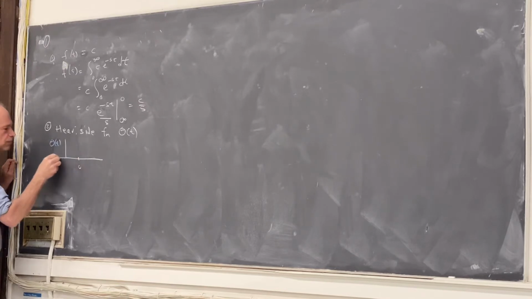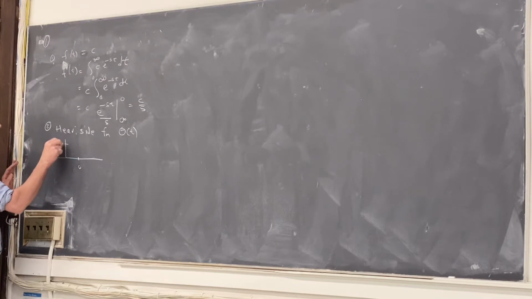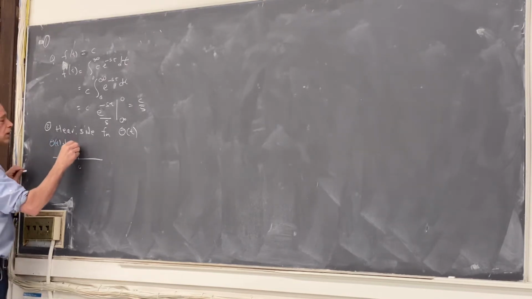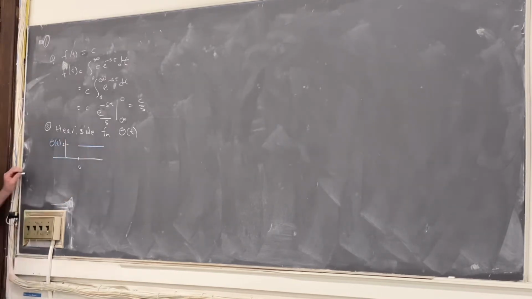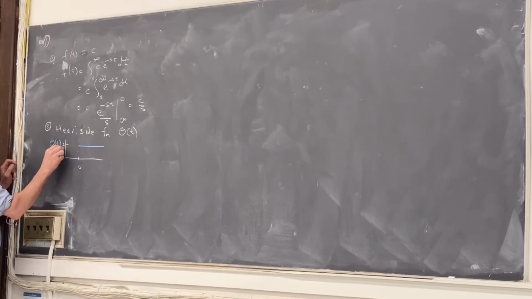It's 0 for t less than 0, and it's 1 for t greater than 0. And at 0, usually the convention is we say it's a half.